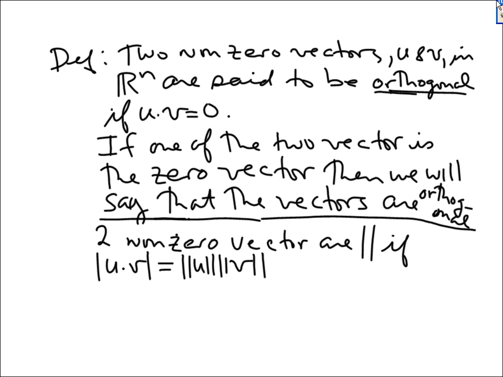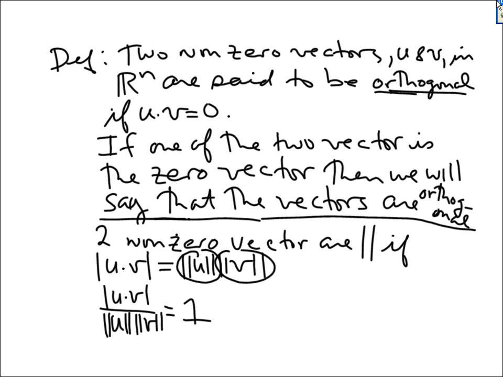Well, if the vectors are non-zero, neither of these lengths is 0, and hence the product is not 0. So that means that the absolute value of u dot v divided by what it equals, when you divide two non-zero things that are equal, you get 1.